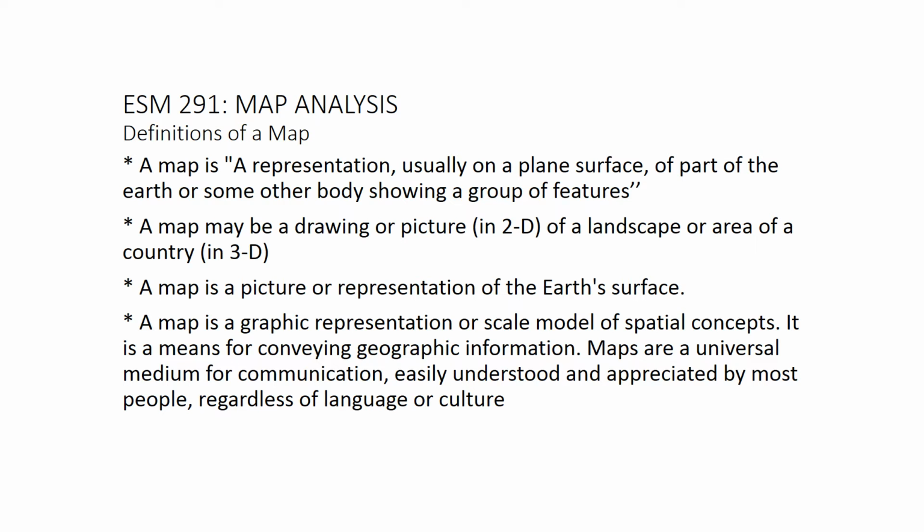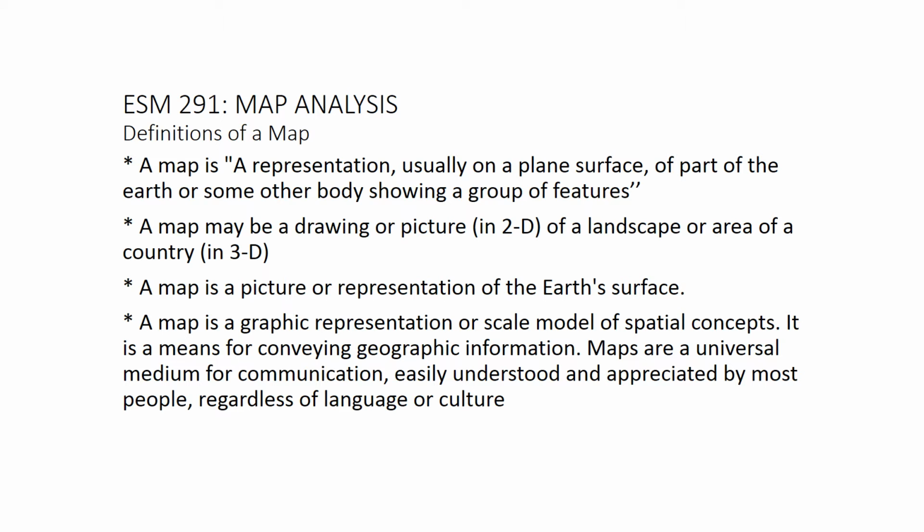What is a map? A map is a representation, usually on a plane surface, of part of the earth or some other body showing a group of features. It's usually drawn on a plain sheet, a landscape or an area of a country in 3D.